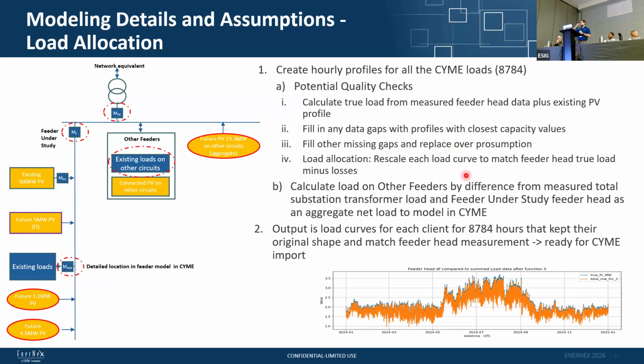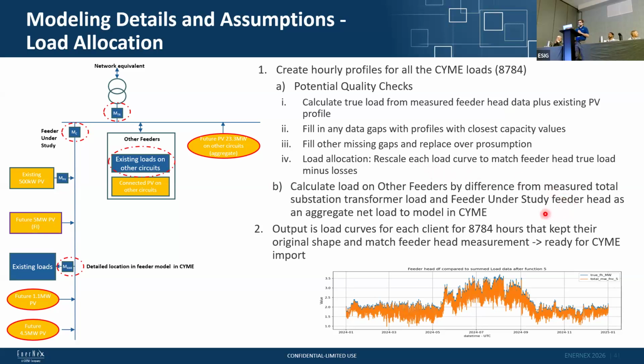The load allocation method we did, SIME offers one, but we also have our own, which, there's not too many different ways to do load allocation, so it's pretty similar. And we looked at SIME versus our own, and they're pretty close. So yeah, just rescaling each load curve so that they match the feeder head, plus the true load of the feeder head, so taking into account all the PV on the circuit.